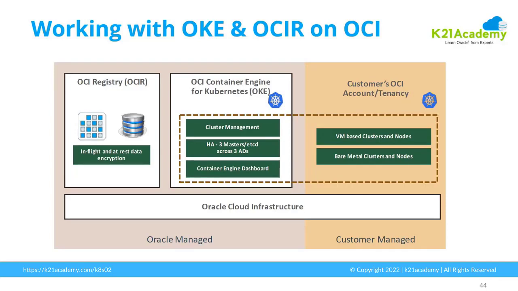So just to do a quick recap, you have Kubernetes deployed on Oracle Cloud as a managed Kubernetes, where the master node is managed by Oracle, whereas you as a customer manage the worker nodes. You get the master node absolutely free, but you only pay for the worker nodes, especially the compute and underlying storage. The OCIR, the Oracle Cloud Infrastructure Container Registry, is also free and managed by Oracle.